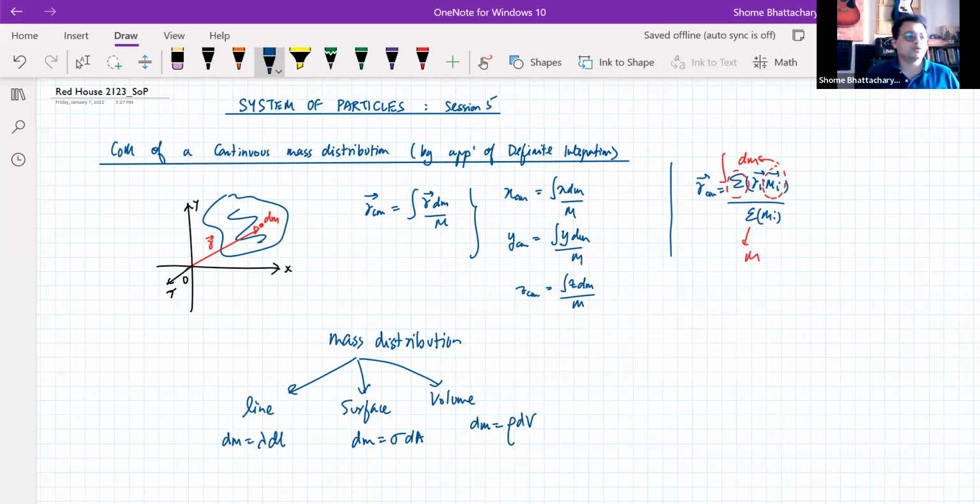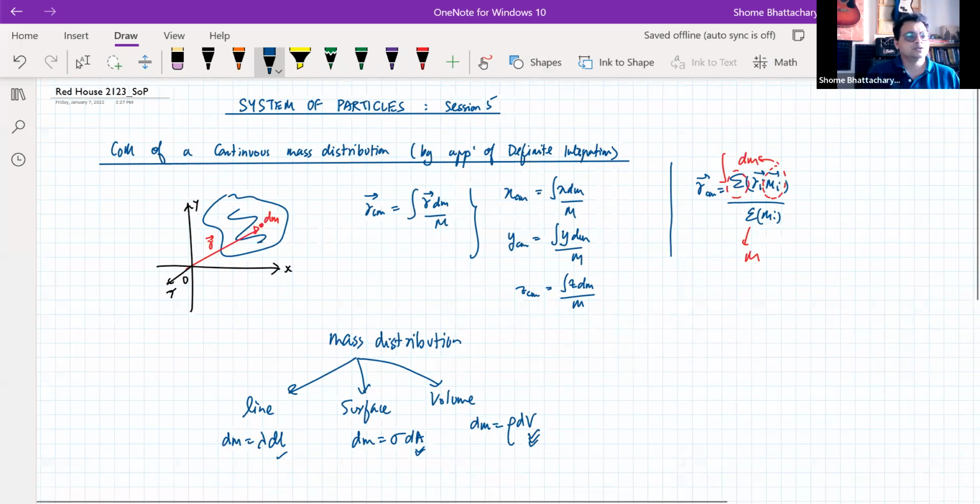So this is the most important thing, that dm has to become a length element in the case of a linear distribution, a surface element in terms of a surface distribution, or a volume element in case of a three-dimensional volume distribution. And once we are able to make that decision, then according to the exact geometry of the system that we are dealing with, we take the shape of that element, okay, and we proceed further. So as we do examples, you'll understand more how to execute this.